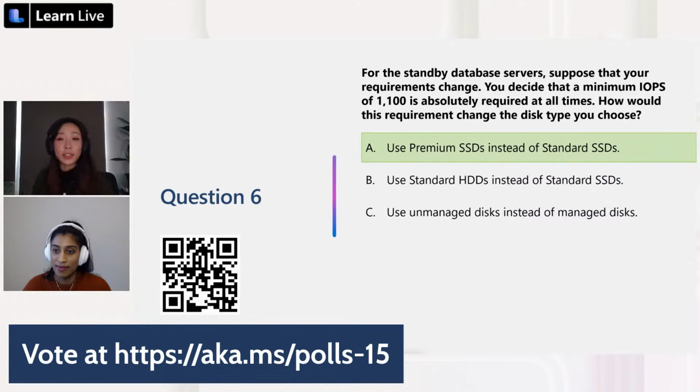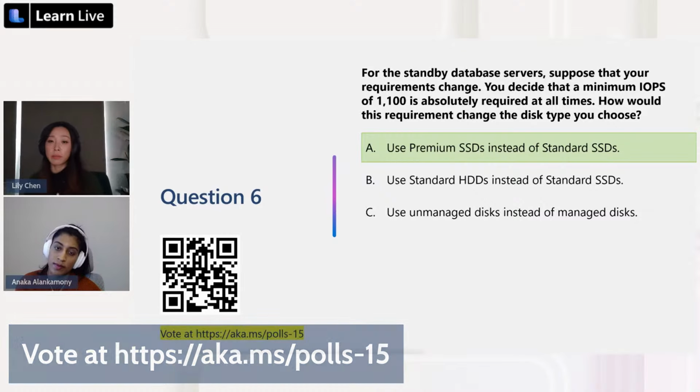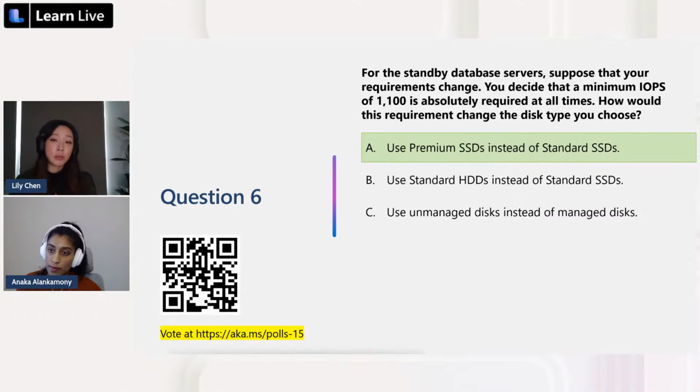The reasoning is that although the larger standard SSD sizes can support this level of IOPS, the performance isn't guaranteed and can drop below 1,100 IOPS. So in this case, the premium SSDs do have a guaranteed performance level. For B, the standard SSDs have greater performance reliability than the standard HDDs.